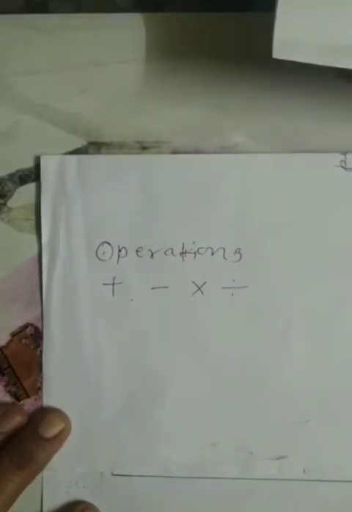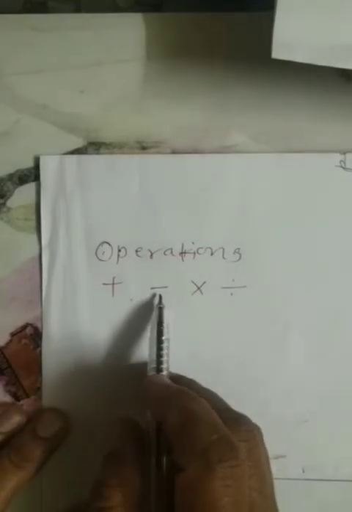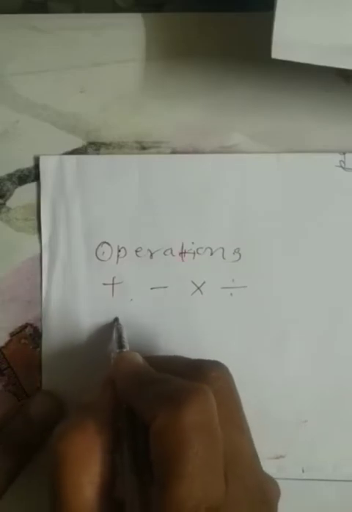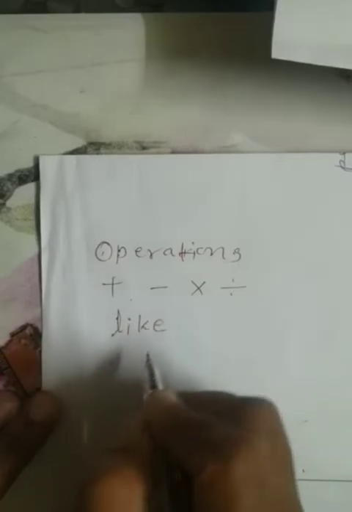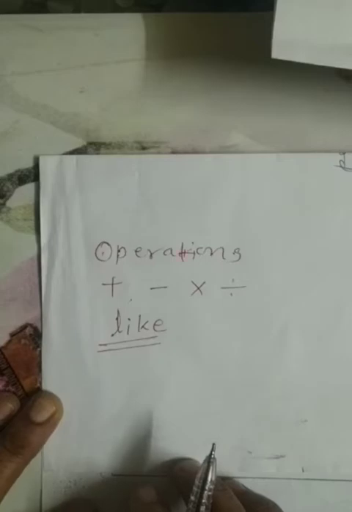Out of these four operations, the first two, addition and subtraction, are done only on like surds. When order and radicand are the same, then we can do their addition and subtraction.